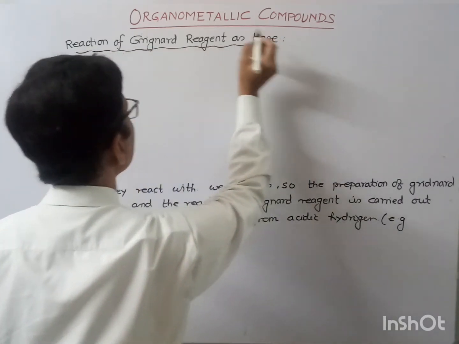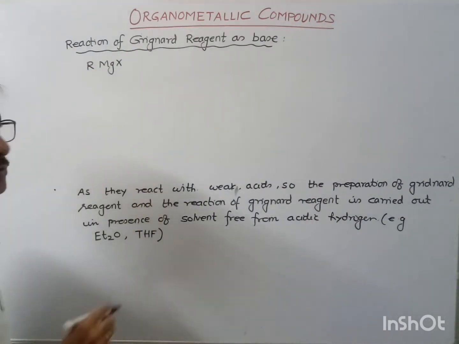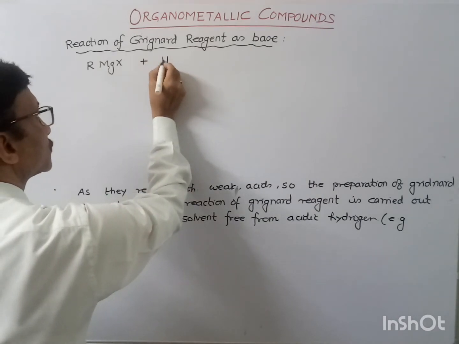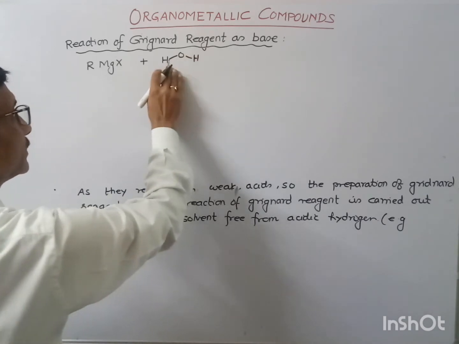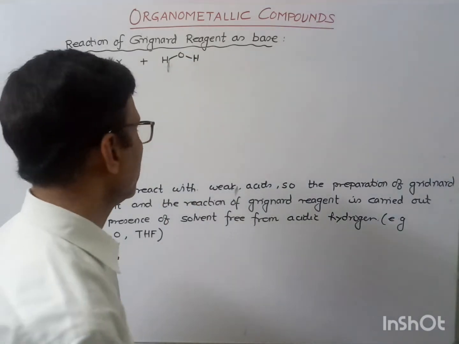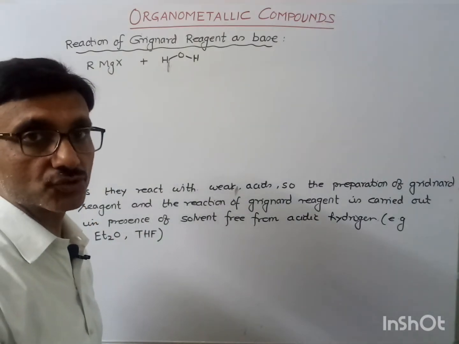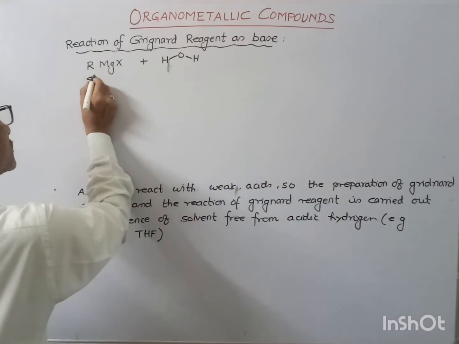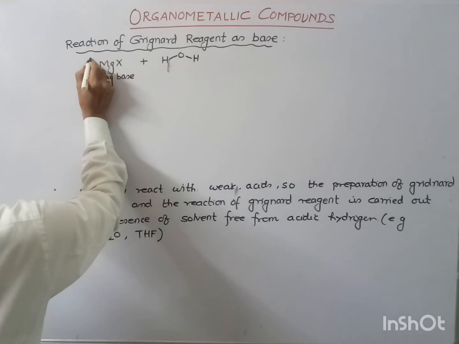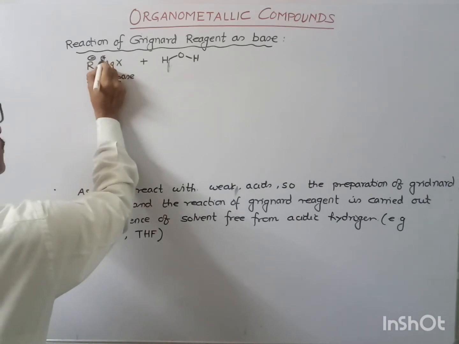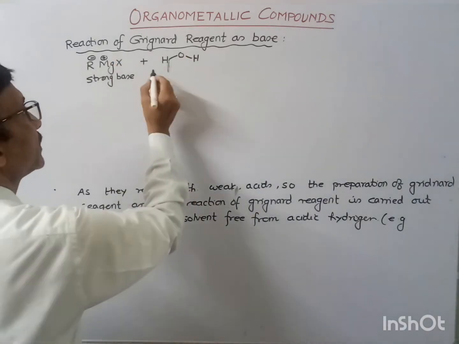Suppose we have RMgX in the presence of water. Water has an acidic hydrogen atom, and it may act as either a weak base or a weak acid. The Grignard reagent is a strong base, because it has the negative charge here and the positive charge there, so it may react with the weak acid also.